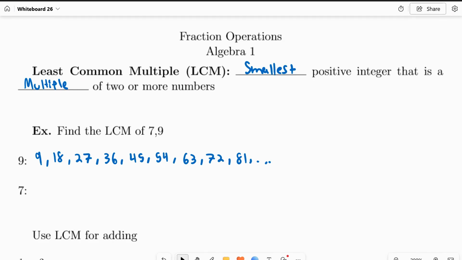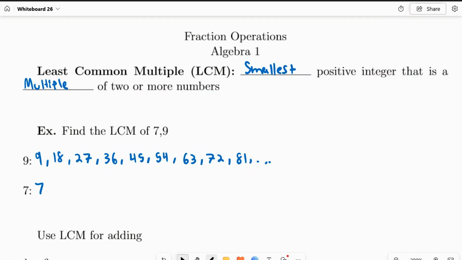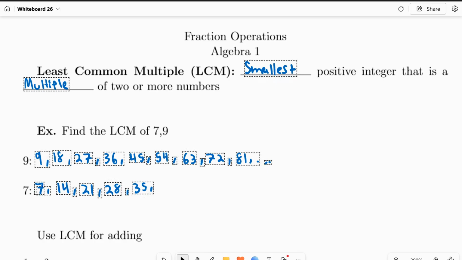Next, we can do the same for 7. 7 times 1 is 7. 7 times 2 is 14. 7 times 3 is 21. Times 4 is 28. Times 5 is 35.